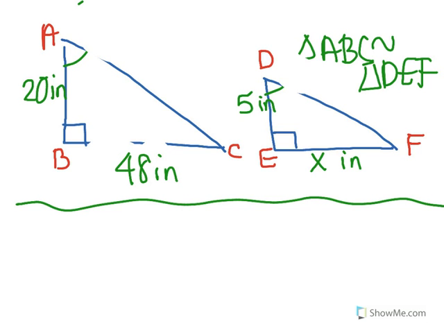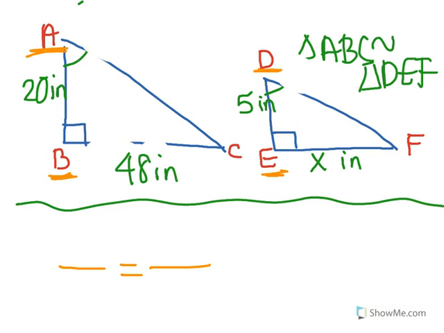But that's just some side information, and I'm going to erase that because right now we're just working with sides. And to find a missing side in a similar triangle, I'm going to set up a proportion. Remember, a proportion compares two different ratios. So I'm going to prepare my fraction bar for my two different fractions. Now looking at triangle ABC, side AB matches up with side DE.